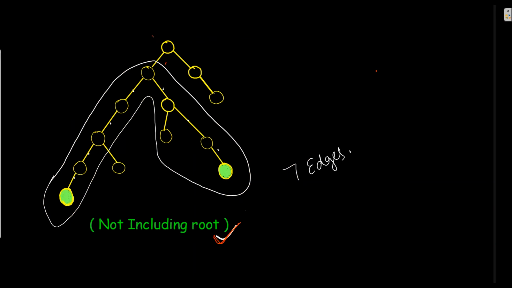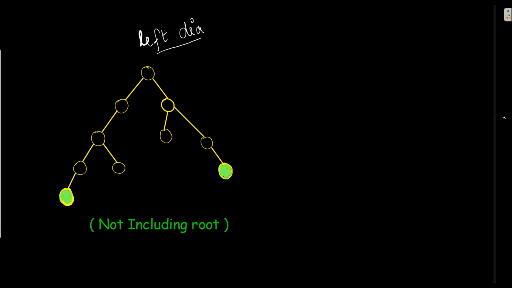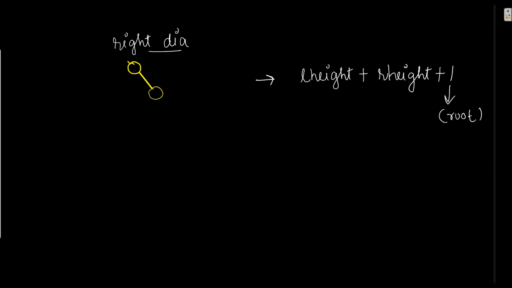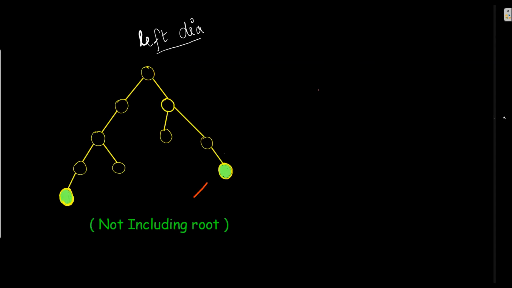But what about when we are not including the root? Because our longest path, or rather diameter, may lie in the region where the root is not included. So for that case, first I will take the left part like this. This is the left dia, and then the right dia. And simultaneously we'll be calculating the maximum depth for both of them, which is L height plus R height plus 1. The 1 is for the root.